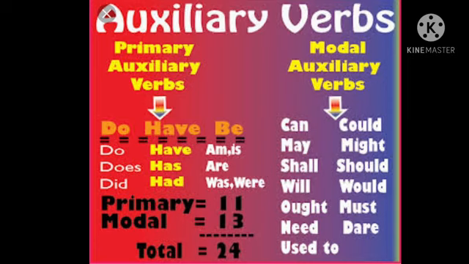Now our key factor is the modal auxiliary verbs or the modals. There we have 13 modal auxiliary verbs: can, could, may, might, shall, should, will, would, ought to, must, need, dare, and used to. The actual modals are can, could, may, might, shall, should, will, would, and must.